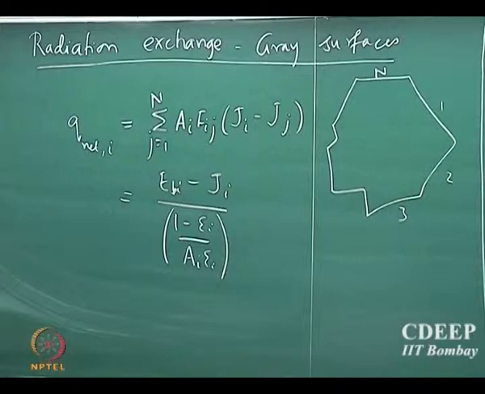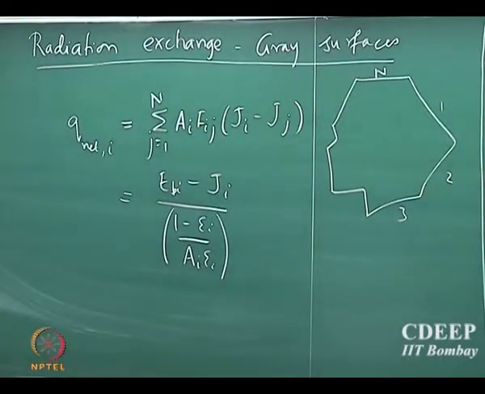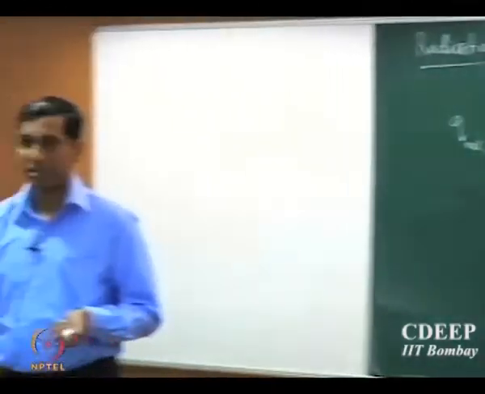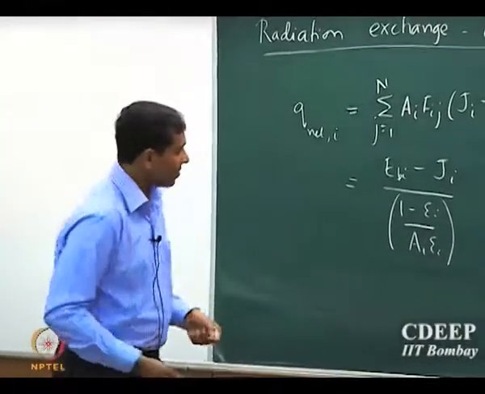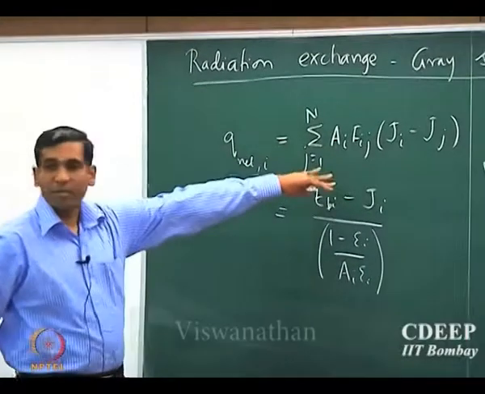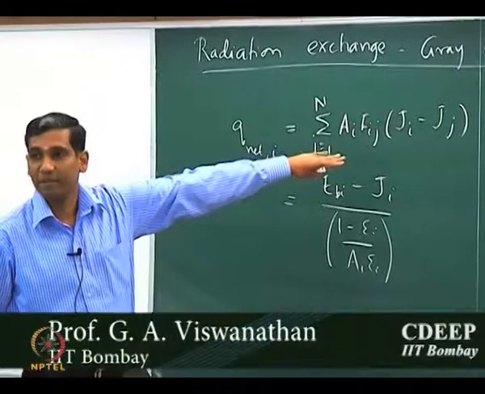So, we identified that (1 minus epsilon i) by (Ai epsilon i) is the resistance offered by the surface because of its surface properties for radiation exchange from that surface. In a similar way we could also identify resistances for radiation exchange between different surfaces.